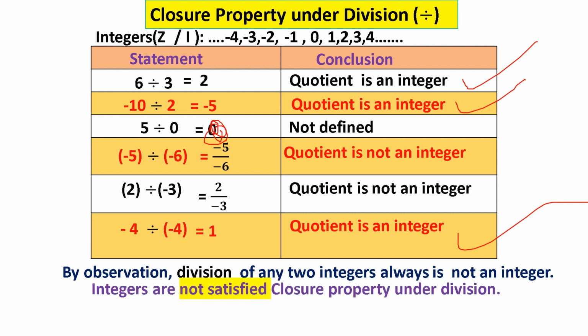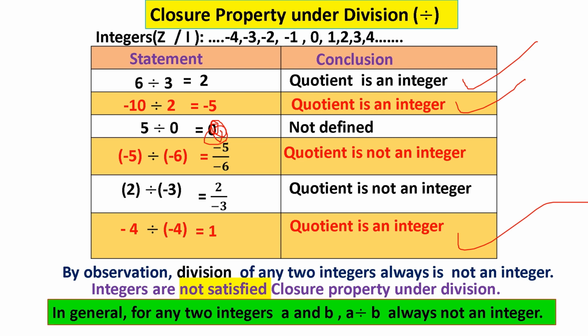So in general, integers do not satisfy the closure property under division. For any two integers a and b, a divided by b is not always an integer.